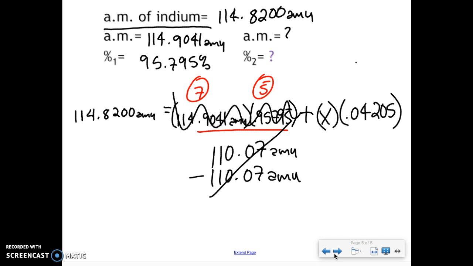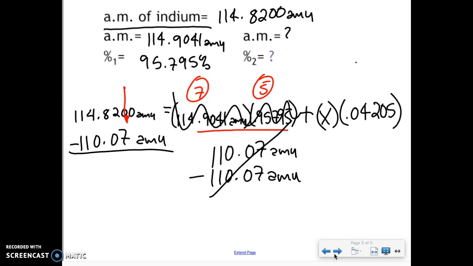But if you guys remember, if you do it to one side of an equation, you have to do it to the other. So I'm going to put here minus 110.07 in AMUs. Now, remember, when you do your subtraction, your answer can only be as good as your worst measurement. My answer better end at the hundredths.